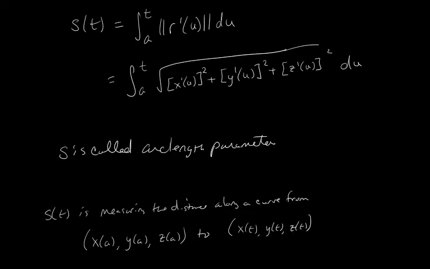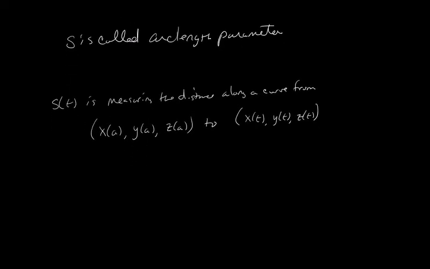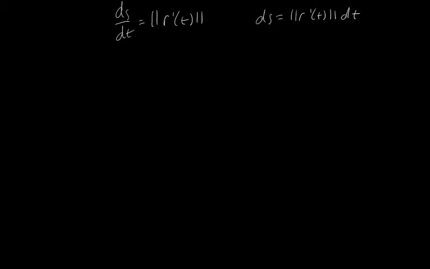Furthermore, if we employ the second fundamental theorem of calculus here, we will find that ds/dt is equal to the magnitude of r prime of t, or we could write that as ds equals the magnitude of r prime of t dt.